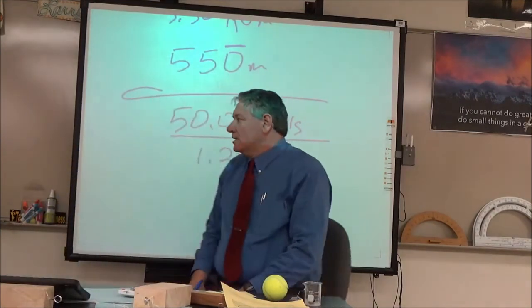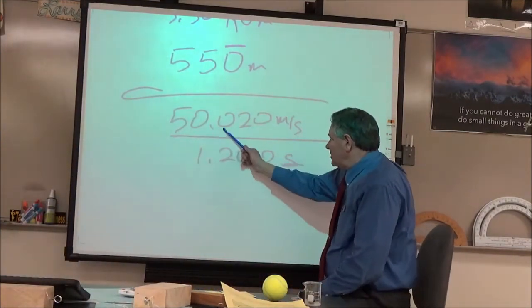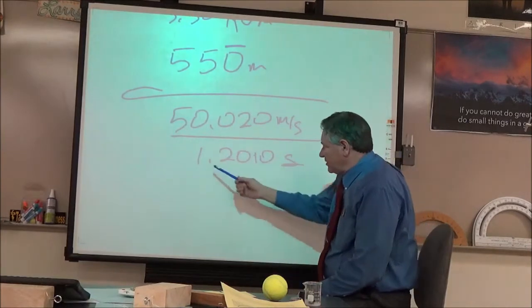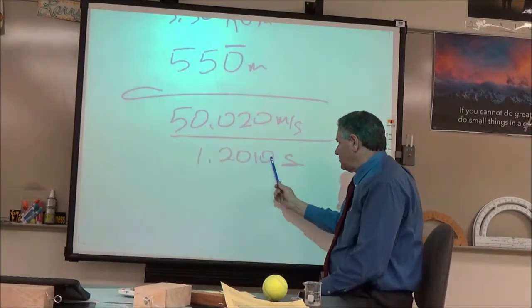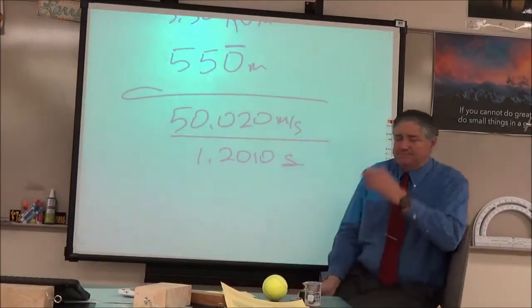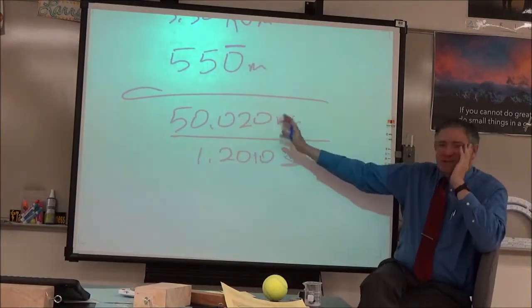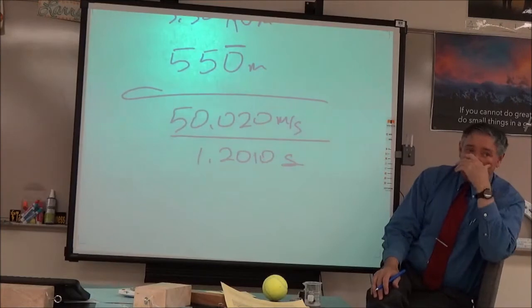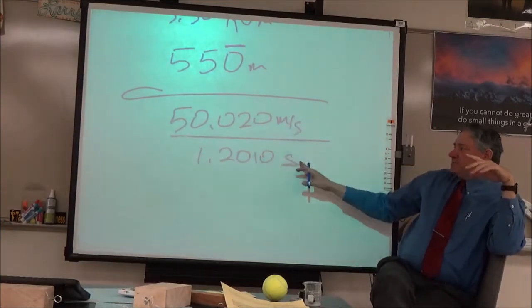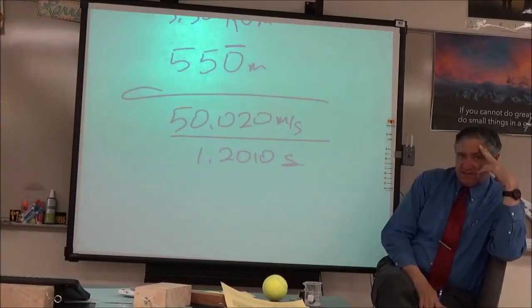We're going to take 50.020 meters per second, and I want to divide that by 1.2010 seconds. Okay? So let's talk about this. Leave the numbers out of this. Let's talk about units. I'm going to take meters per second and divide that by seconds.